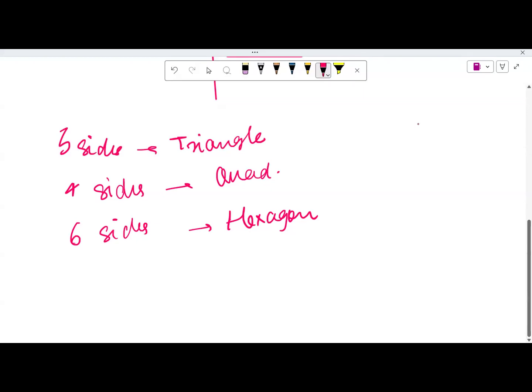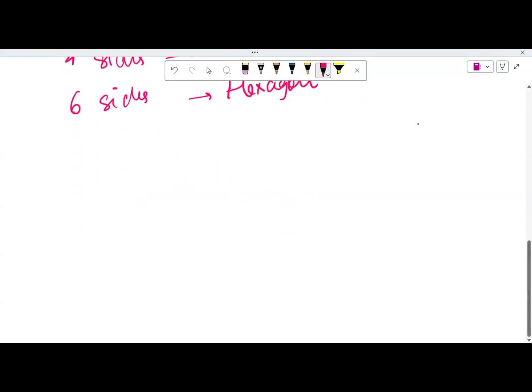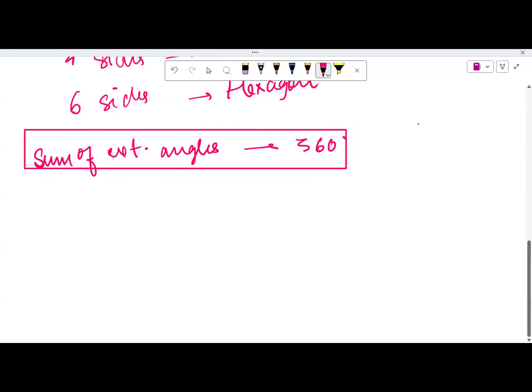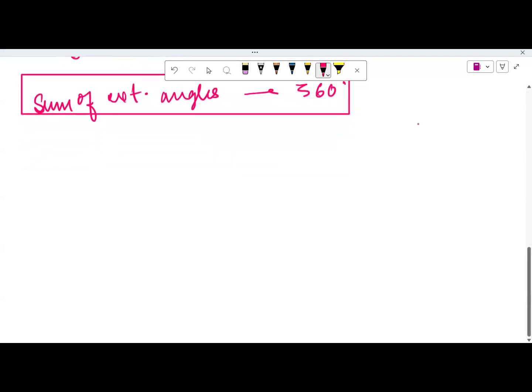Now next, what was the sum of the exterior angles of a polygon? 360. Okay, the sum of exterior angles is 360 degrees.